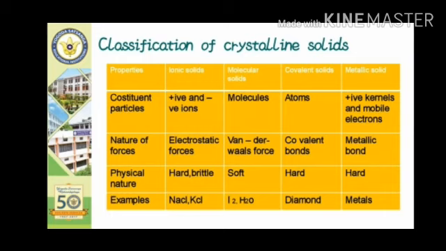Metallic crystals. Metallic crystals have positive metal ions and free electrons as constituent particles and are bonded with metallic bonds. Examples are all metals and their alloys.